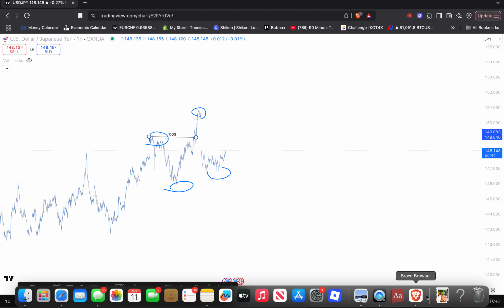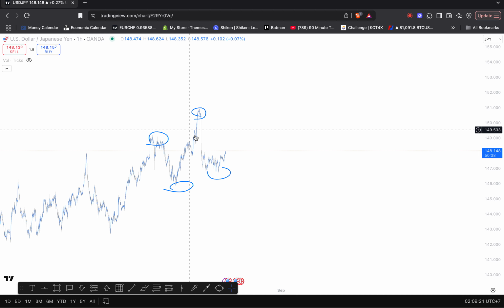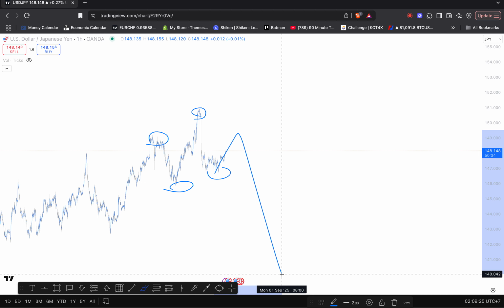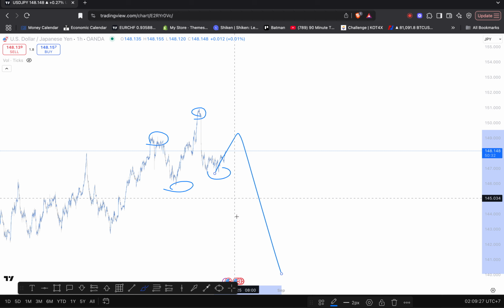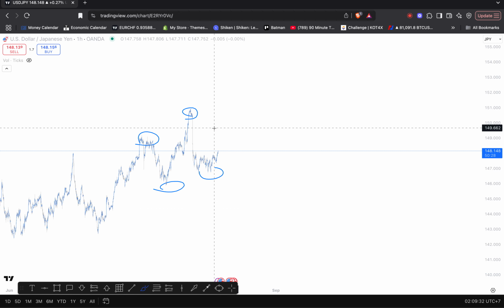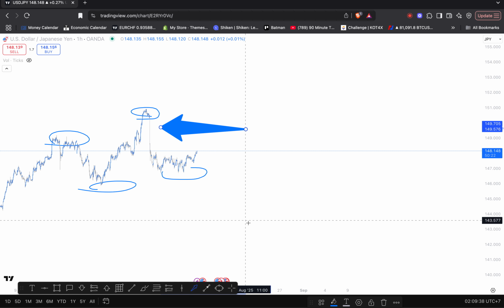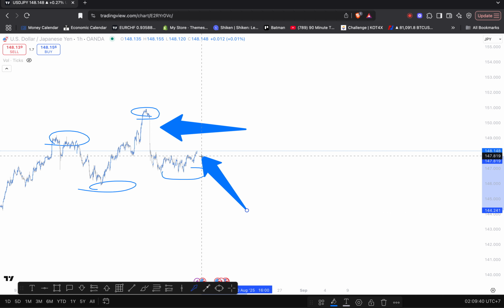Now, if the market were to break to the downside, that would be a BOS instead of a COS, which means break of structure, so a disruption of the trend, meaning the market comes down like this and disrupts the trend right there. So, yeah, right now we're bullish though. So I'm obviously expecting UJ to fill in all the supply right there because the market currently is right here.